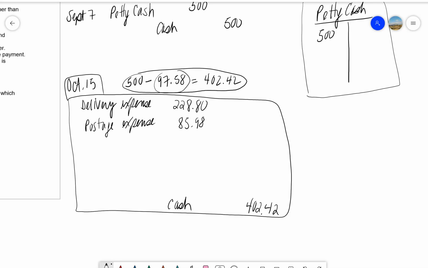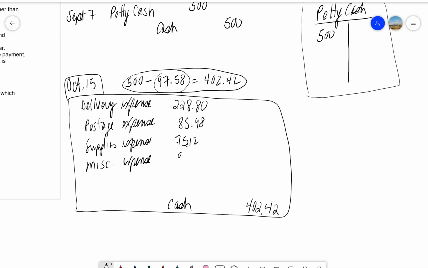And then let's just complete the rest of the expenses. Supplies expense. Now, when you look at supplies expense, there's actually two amounts. There's the $60.40 and the $14.72. So we add those two together. We're going to debit supplies expense for $75.12. And then the last item is miscellaneous expense.